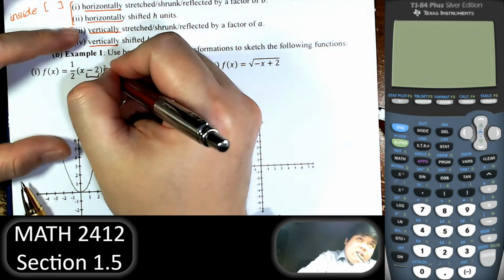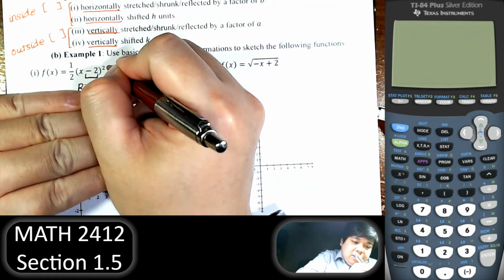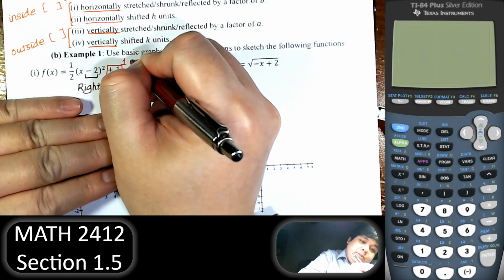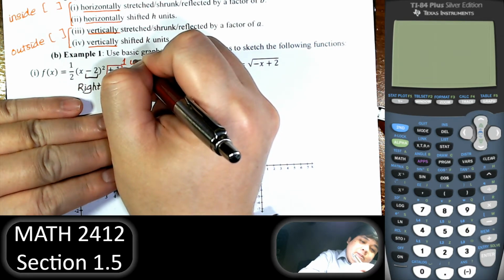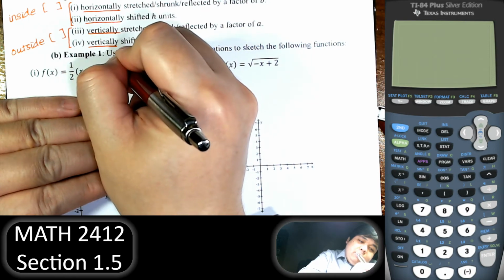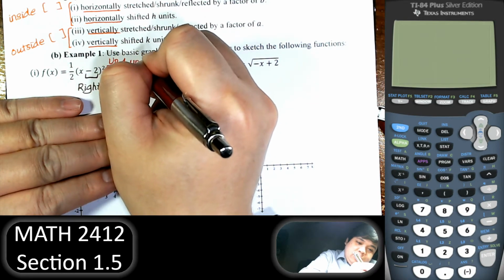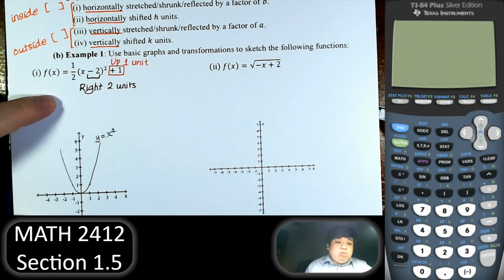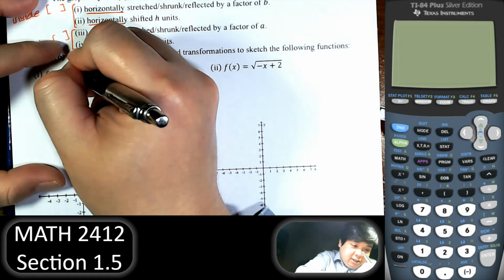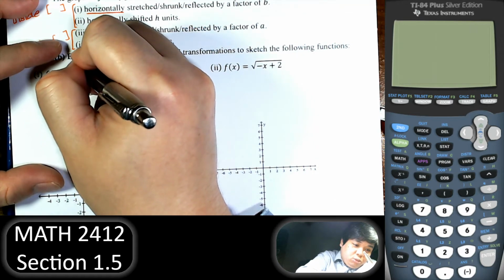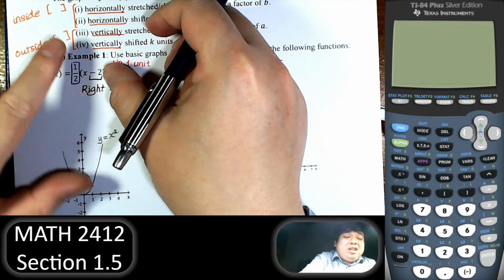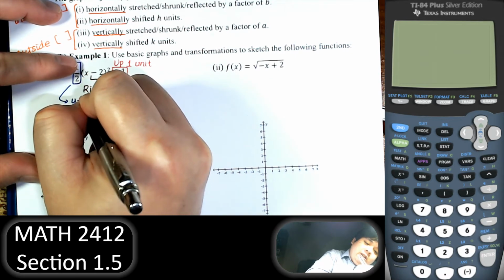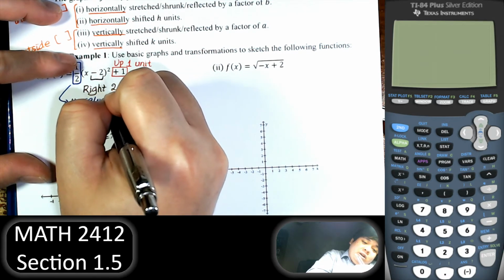The +1 here will be 1 unit up. So up 1 unit. Now we have the 1/2 multiplied in front of it. This is multiplied in front, outside the parentheses, so it affects the graph vertically because it's on the outside.